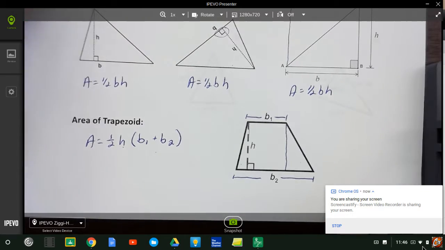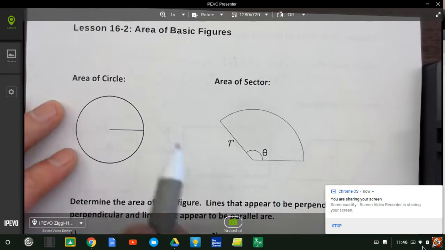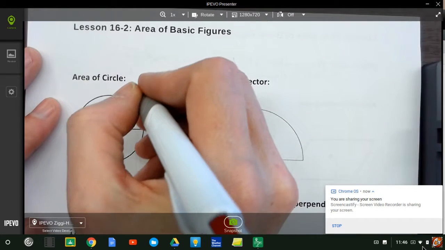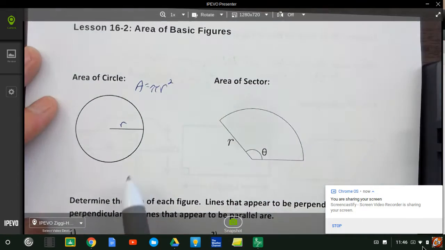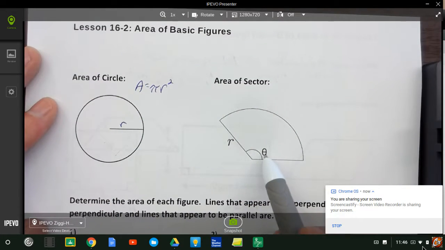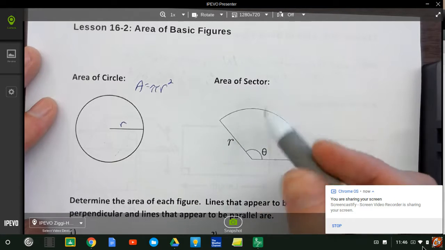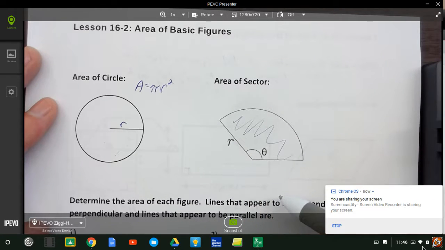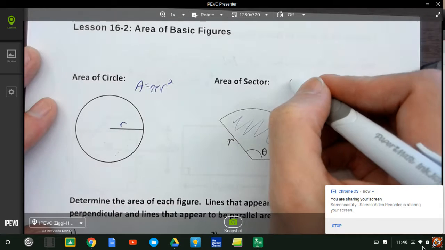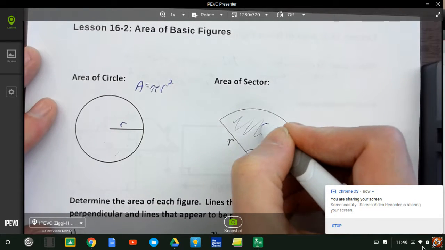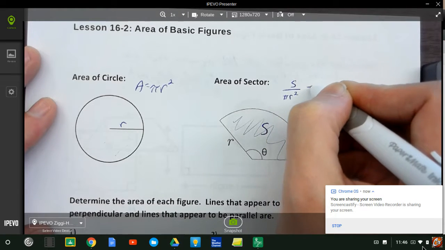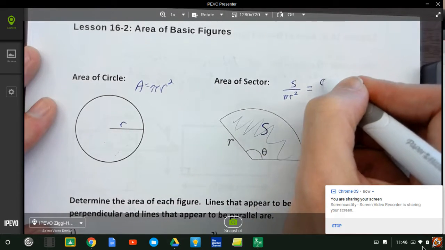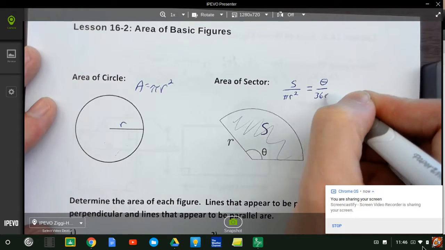A couple of areas that we want to talk about, even though we mentioned them in our last unit. I just want to reiterate the area of a circle. Area of a circle is pi r squared. And that's our entire circle. That's going to give you everything. But if we only want a part of the circle, if I only want this part of my circle, then I'm going to set up my proportion. We called this a sector. So the area of the sector over the area of the circle is the central angle over 360.